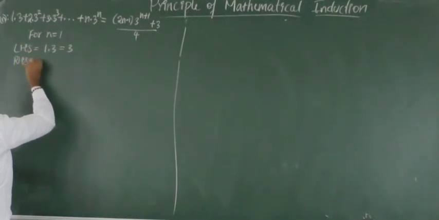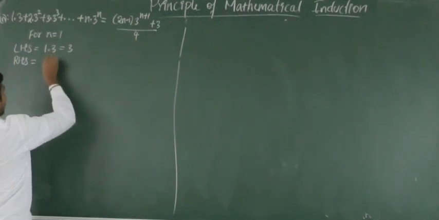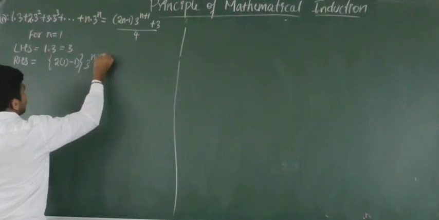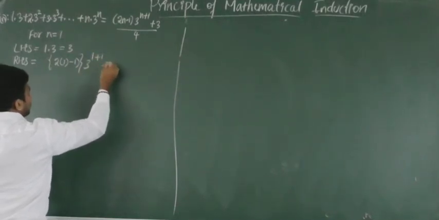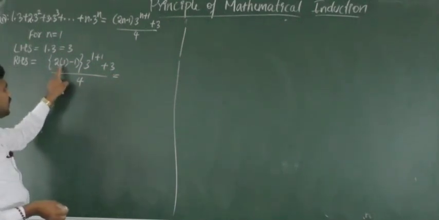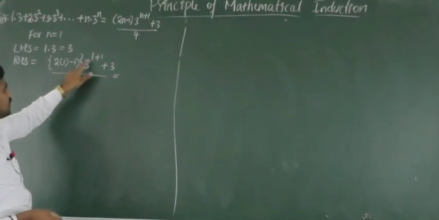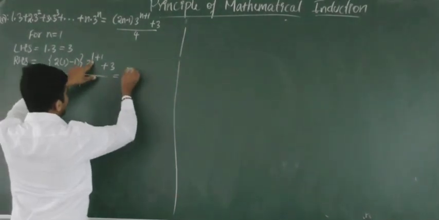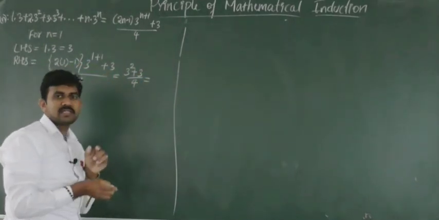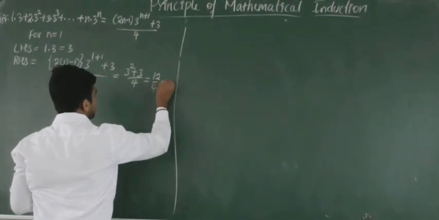Similarly, the right hand side is 2 into 1 minus 1, into 3 to the power 1 plus 1, plus 3, whole divided by 4. 2 minus 1 is 1, so 1 into 3 to the power 2 plus 3, whole divided by 4. 3 to the power 2 means 9, plus 3 is 12, by 4 is nothing but 3.